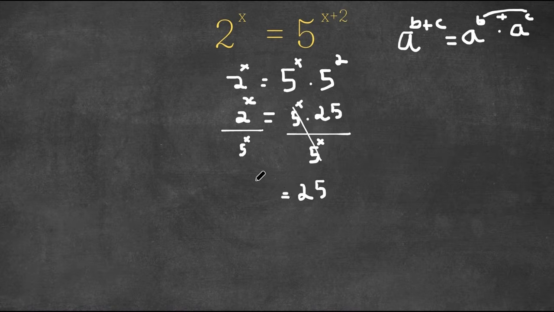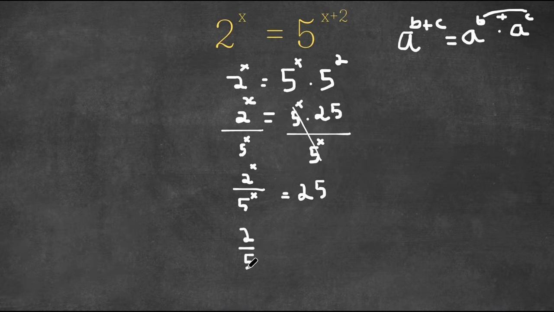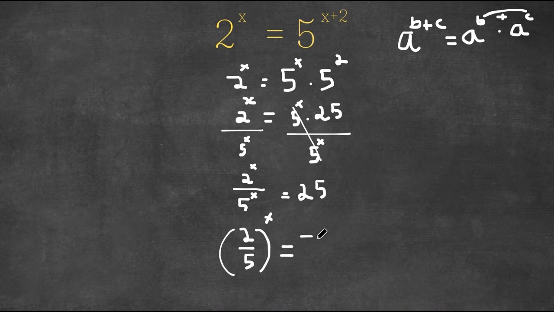And on our right-hand side, we'll have 2 to the power of x over 5 to the power of x. And this can actually be written as 2 over 5 whole power x. And this is equal to 25.